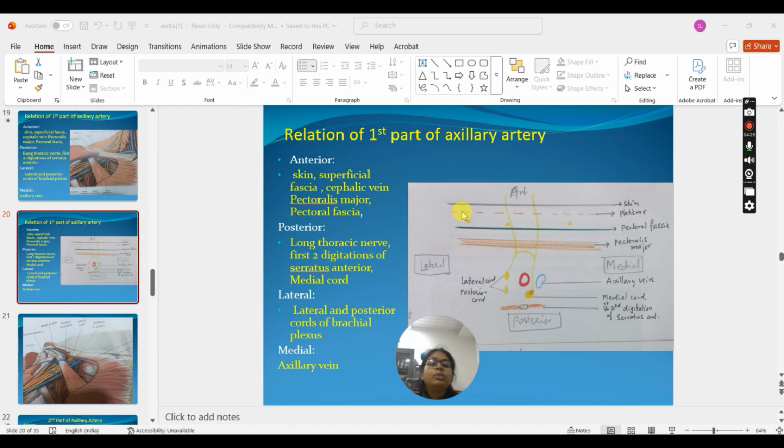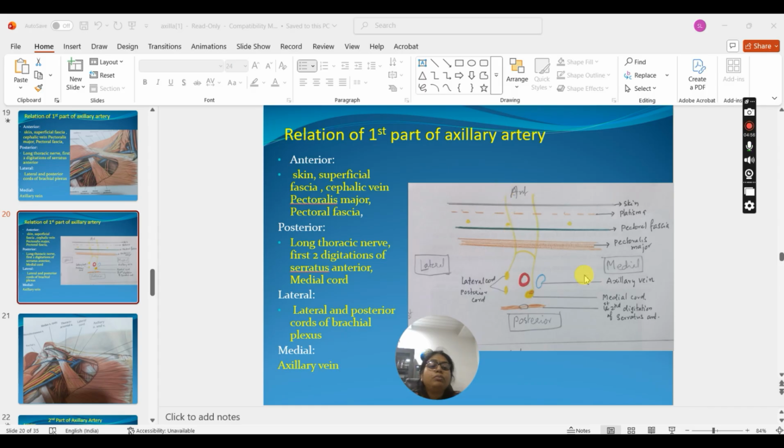Then the pectoral fascia over the pectoralis major and the pectoralis muscle itself. And the communication between the medial and lateral pectoral nerve is also seen anterior to the first part of the axillary artery. This is the medial pectoral nerve. This is the lateral pectoral nerve.